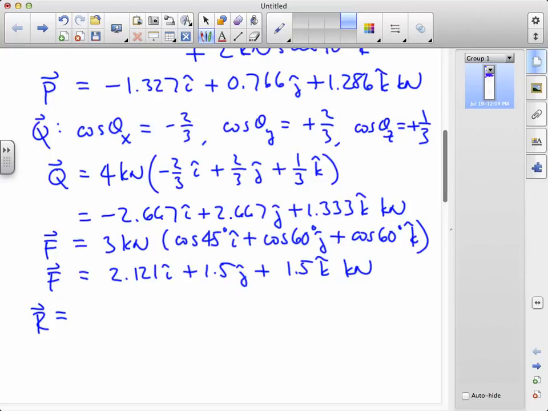In the i direction, we have minus 1.327 minus 2.667 plus 2.121. That gives us a net minus 1.873 i. And in j, we have 0.766 plus 2.667 plus 1.5, and that gives us plus 4.933 j.